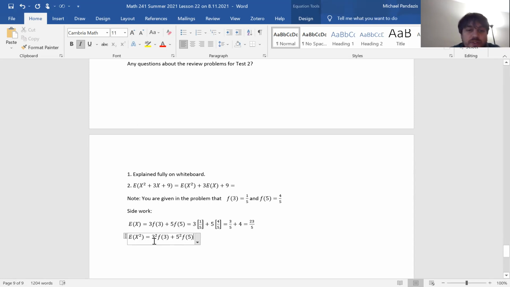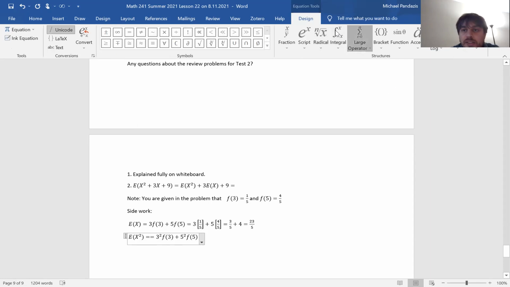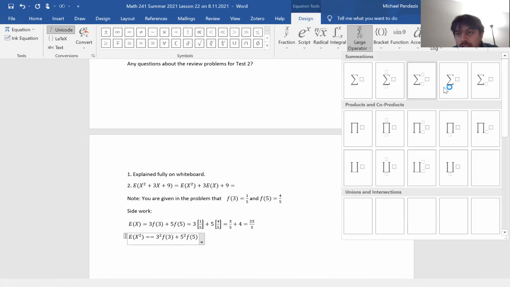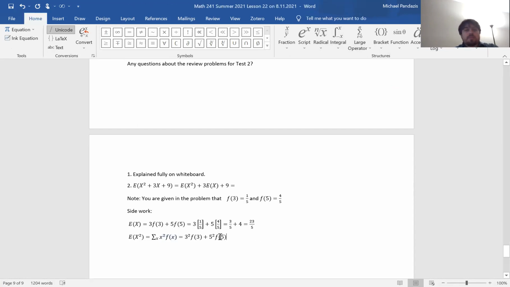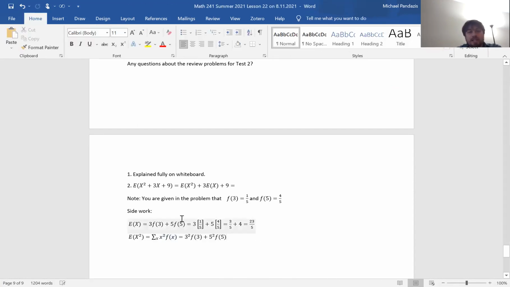Remember, for a discrete random variable, E of X squared is equal to the sum over all possible values of x of x squared f of x. The only possible values of X are 3 and 5, right? 1/5 plus 4/5 is 1. So when X is 3, you have 3 squared times f of 3, and when X is 5, you have 5 squared times f of 5.